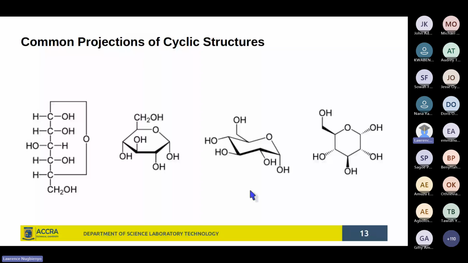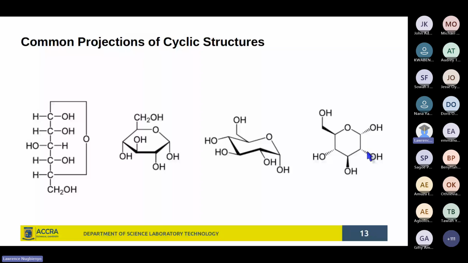Then there is this last one, which is referred to as the Mills projection, where emphasis is placed on the direction of the groups which are on the carbon.